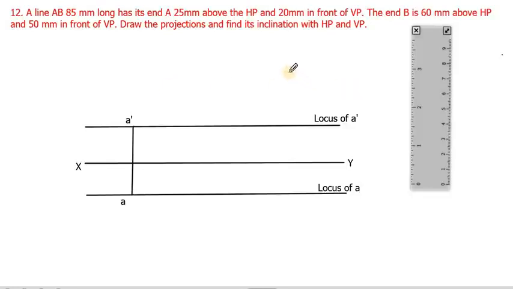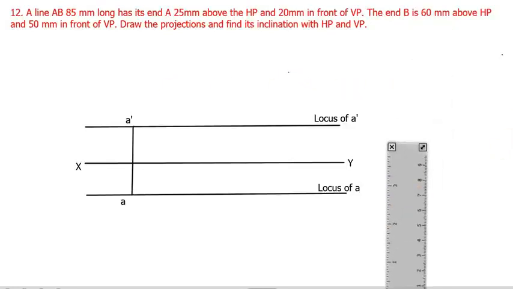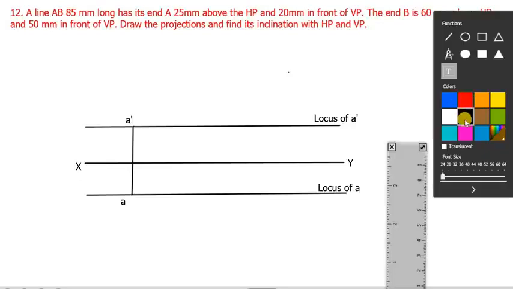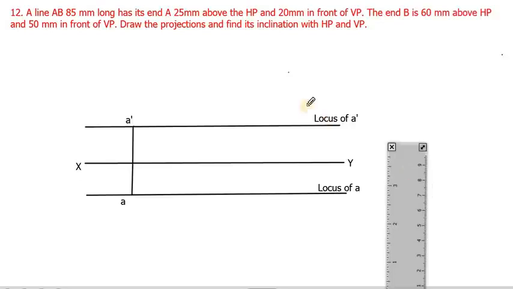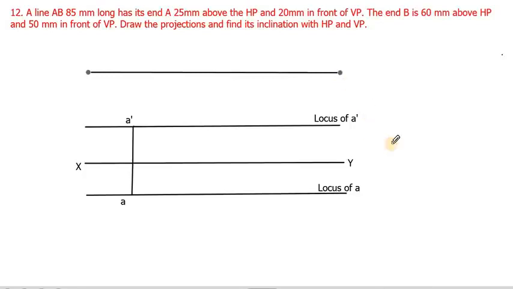So keeping that reference, draw the locus line crossing this point. So this is the line where the B dash point will meet. So this can be named as locus of B dash.